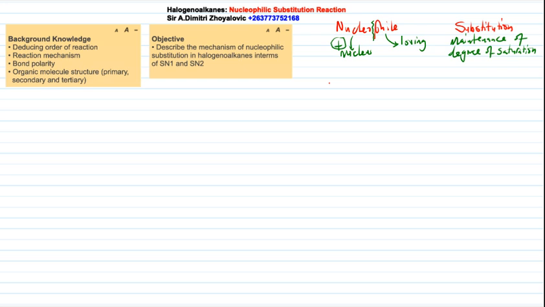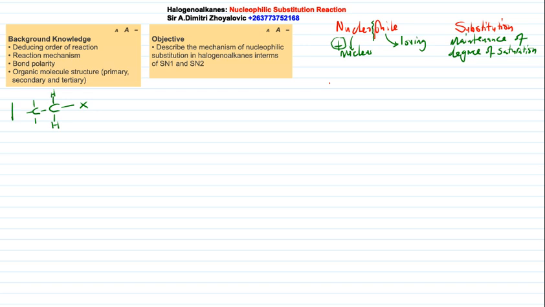In nucleophilic substitution, we are going to come across the structures of halogenoalkanes. So we've got the primary structure. It's primary if the carbon onto which the halogen is bonded is bonded to one carbon, like this one.